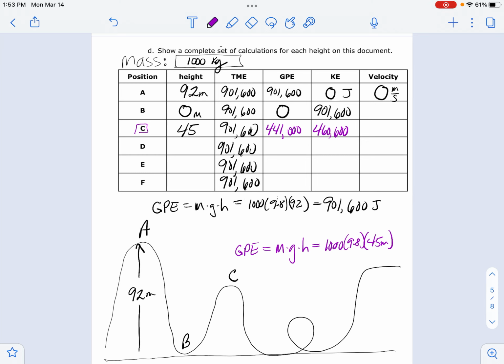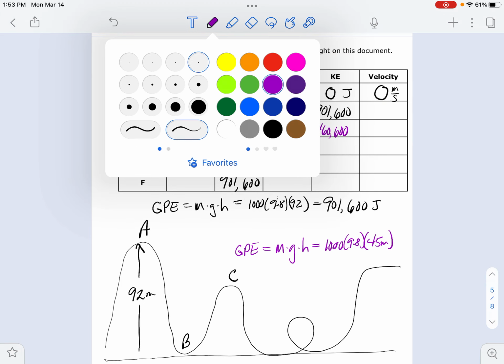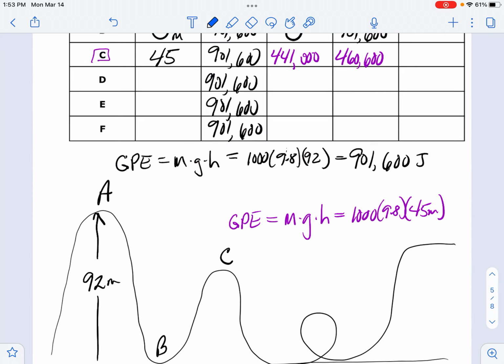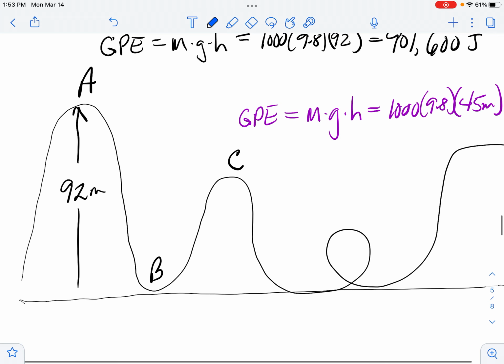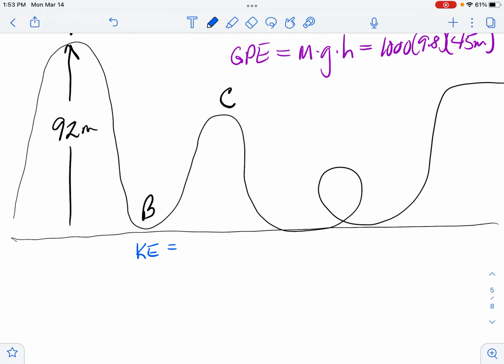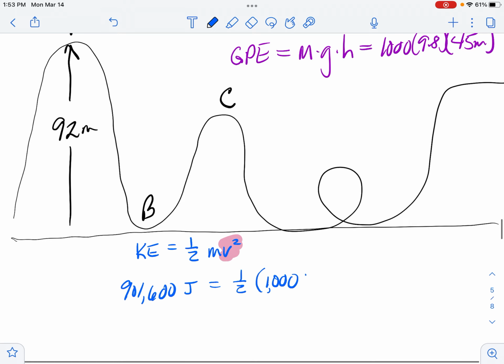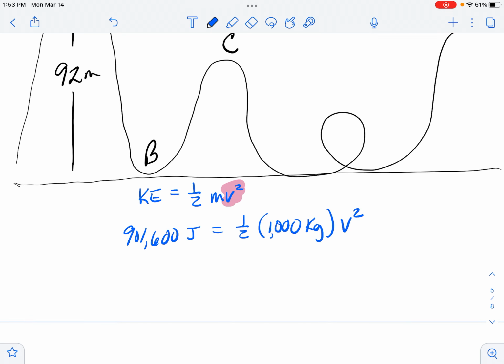I'm going to show you now how to find the velocity. Let's find the velocity for point B. The way that I'm going to do that is I'm going to say that my kinetic energy is 1/2 mv squared, and I'm going to solve for v, plugging in the rest. So I have 901,600 joules equals 1/2 of the mass, which is 1,000 kilograms, times v squared. I'm going to do the algebra to solve for v.